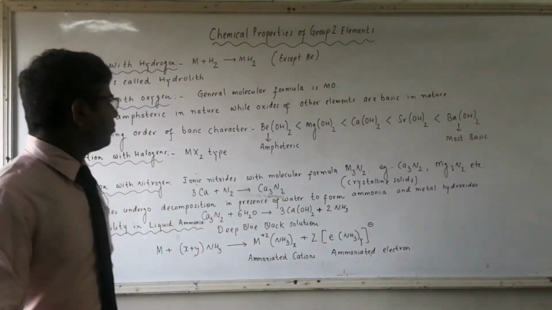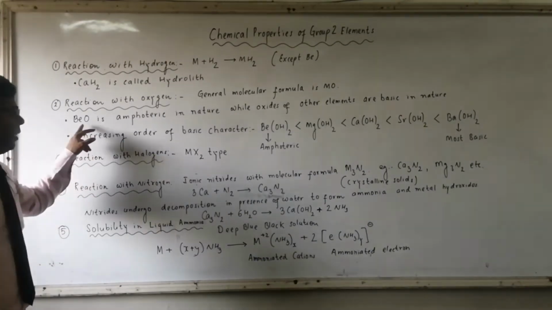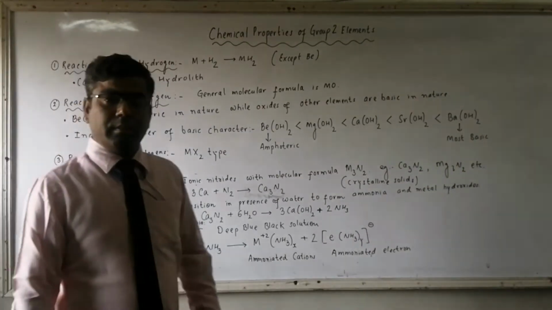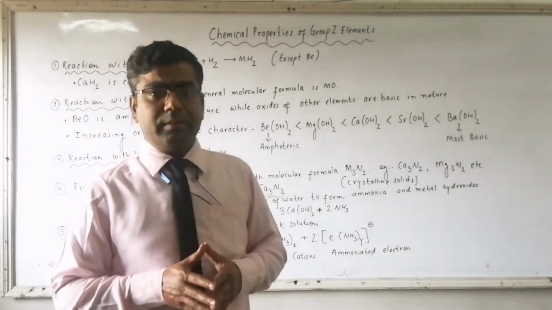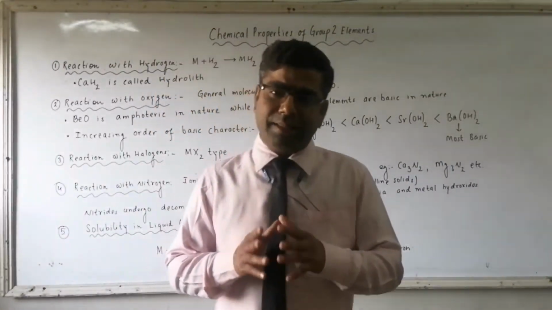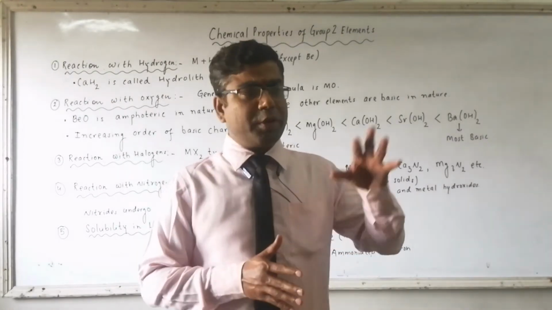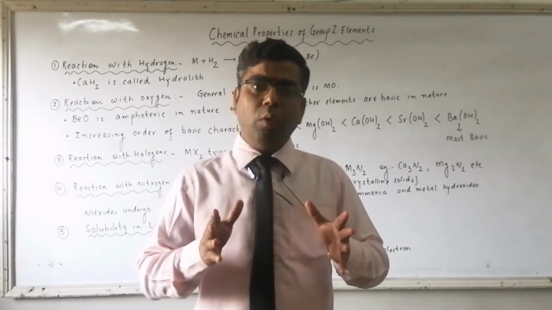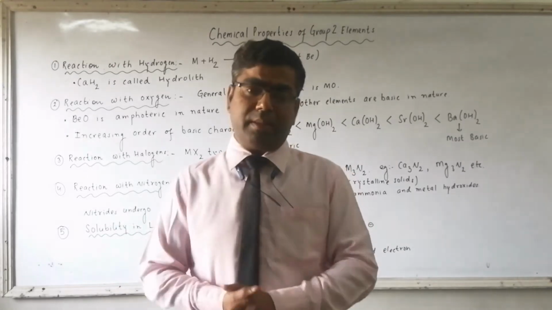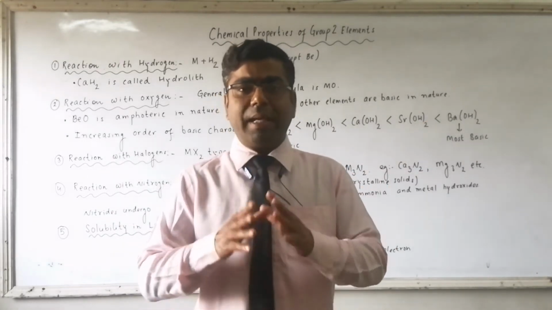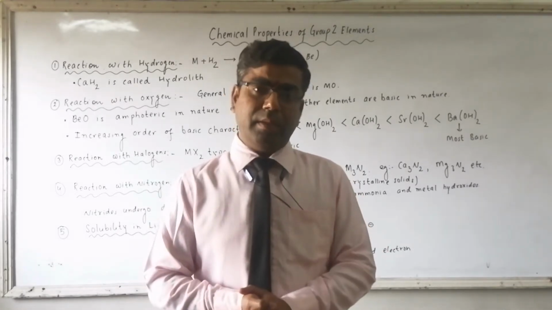Next one, here BeO is amphoteric in nature, means beryllium oxide exhibits acidic as well as basic property. In presence of strong acid, BeO will start behaving as a base. In presence of a strong base, BeO will start behaving as an acid.